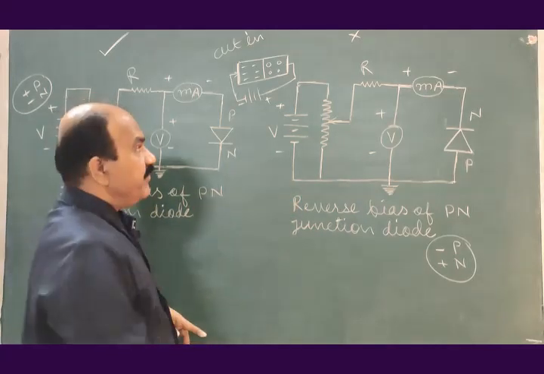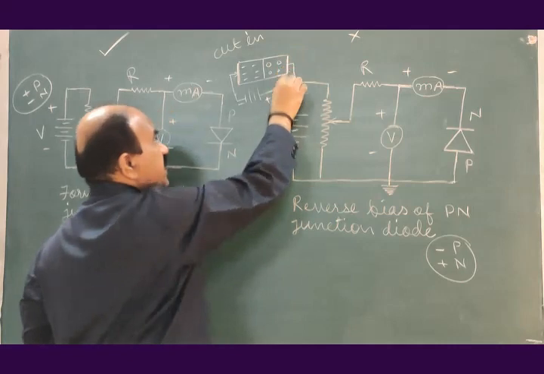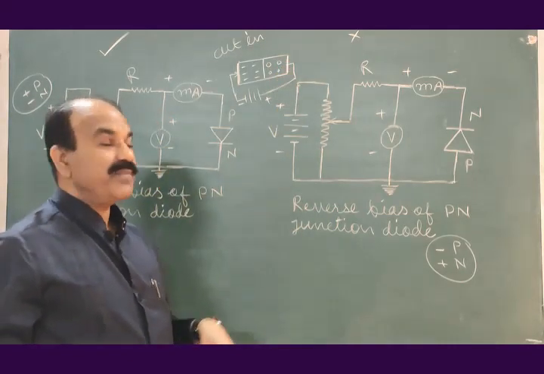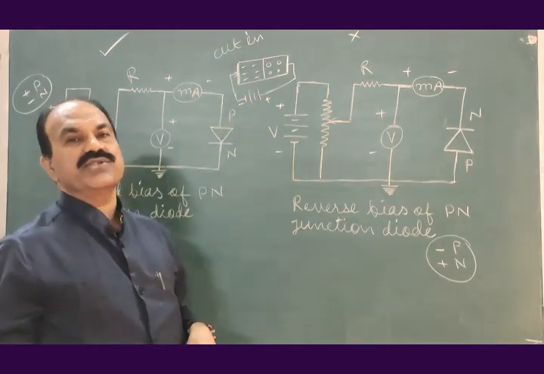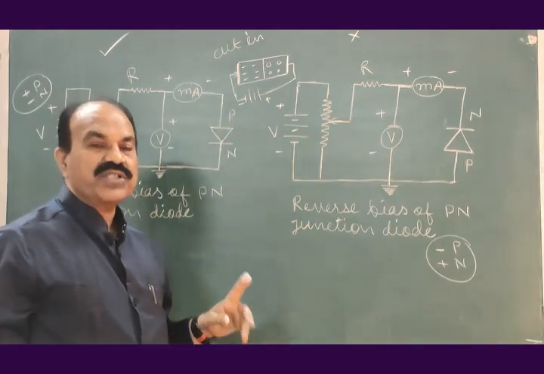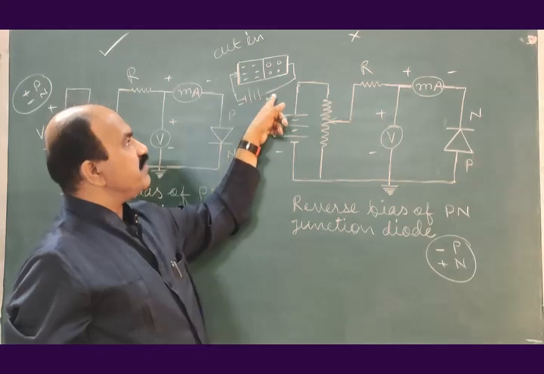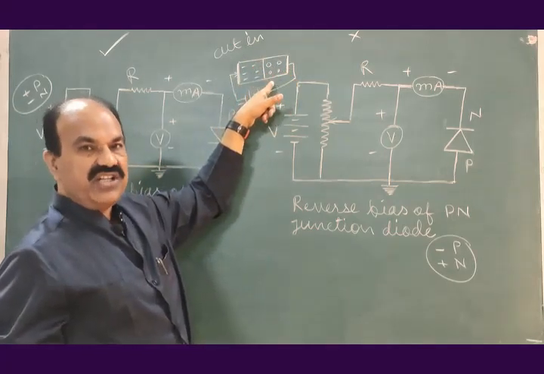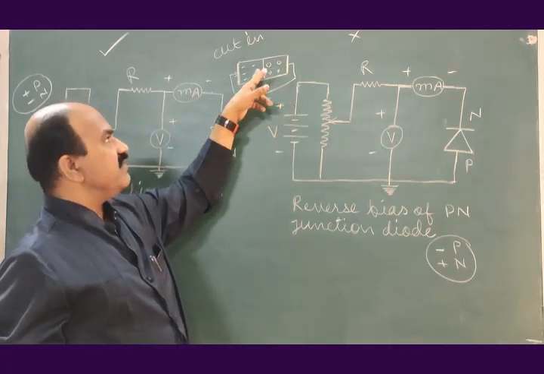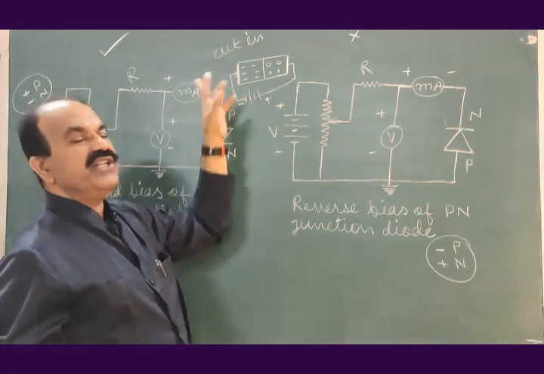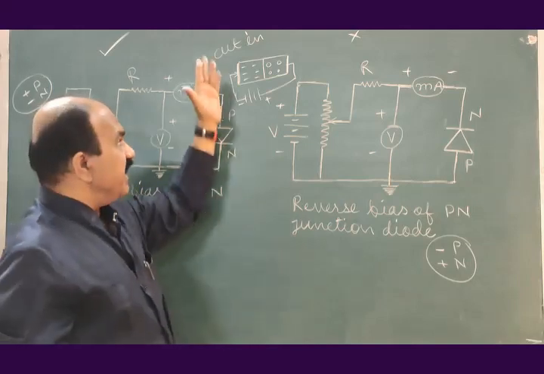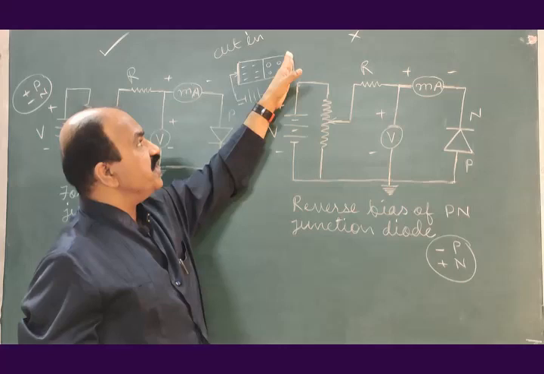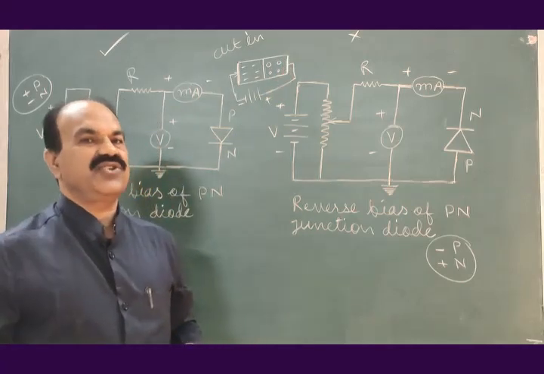At the same time, this positive side also exerts a force of repulsion on these holes. If this force of repulsion exerted by the positive side is more than the barrier potential, the cut-in voltage, the holes will cross the junction and enter into N type. When the negative side is repelling electrons, at the same time the positive side is attracting the electrons.